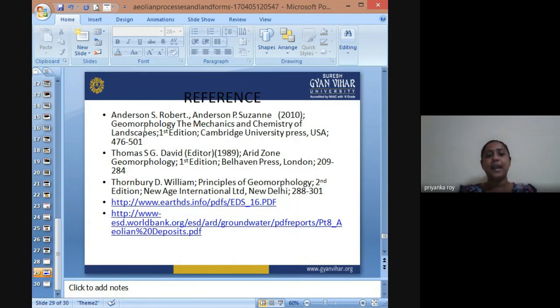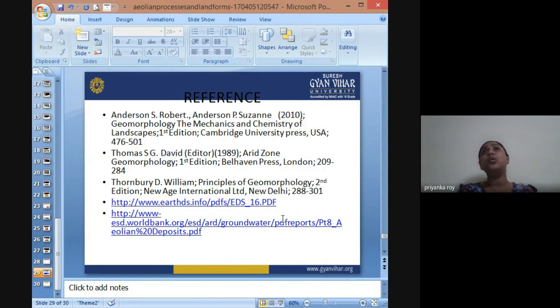These are some references: Anderson, Geomorphology: The Mechanical and Chemical Evolution of Landscapes. This edition is a very good book that explains various chemical composition, lithology and soil composition which contribute to different types of land features.